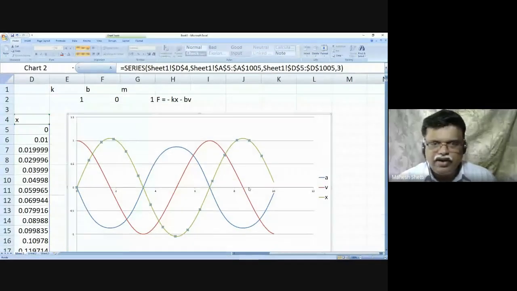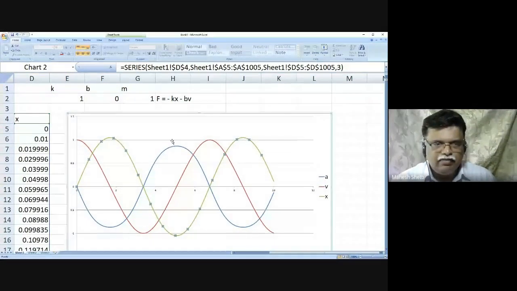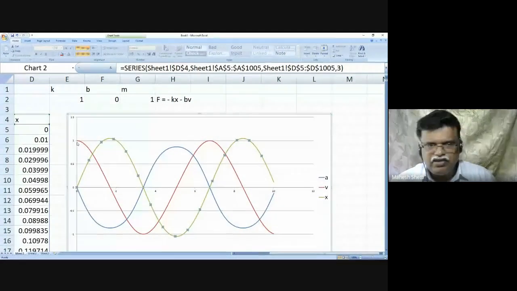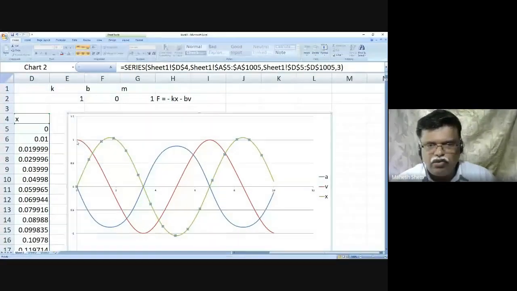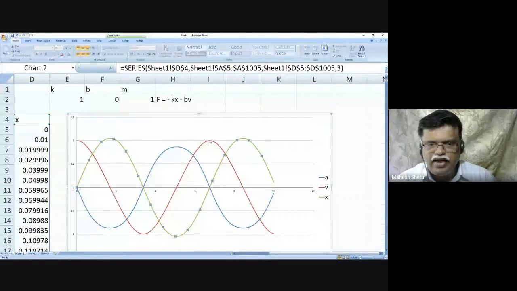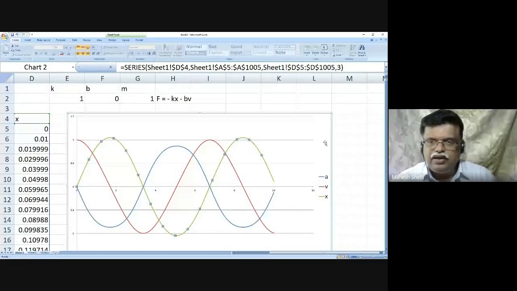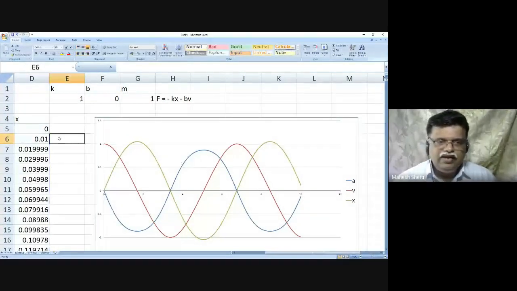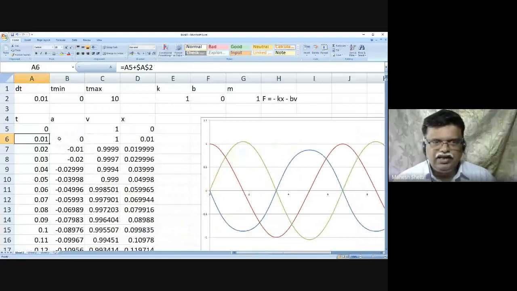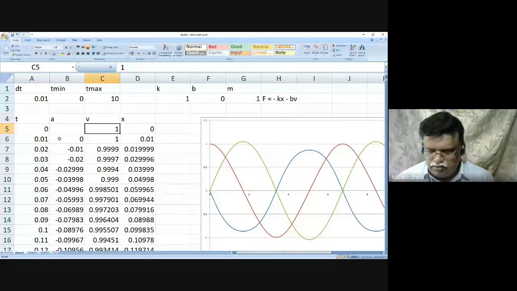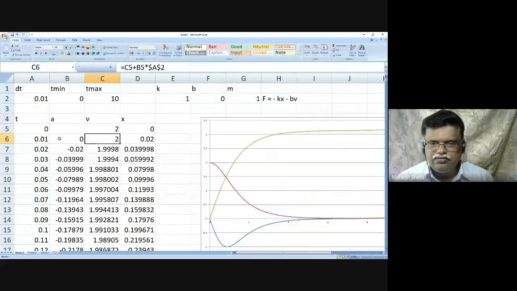Let me take these peak values because the time periods are same. So for this red curve, which is the velocity curve, from this point to this point, the peak value turns out to be approximately around 2 pi. Now if I increase the amplitude, what happens? That is the question. So I make velocity larger.